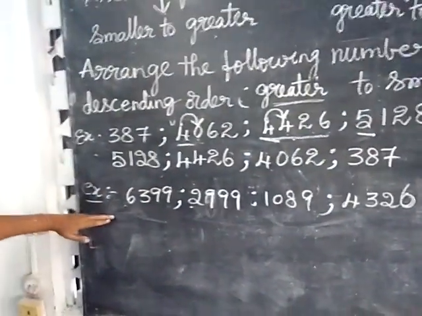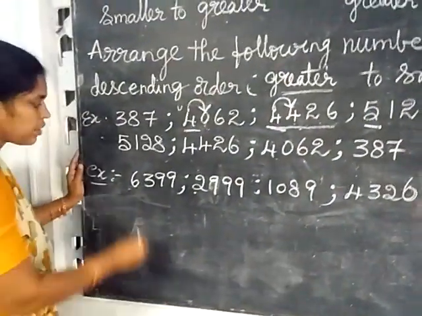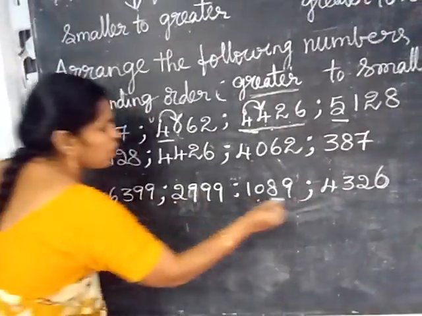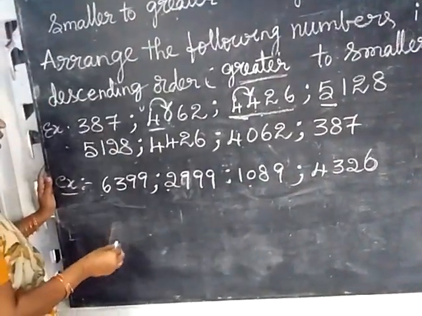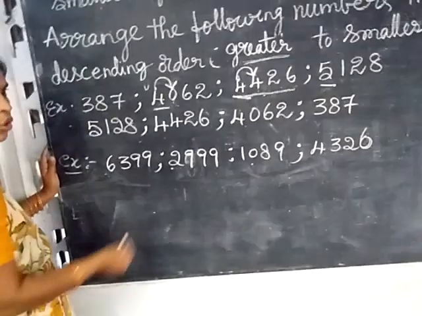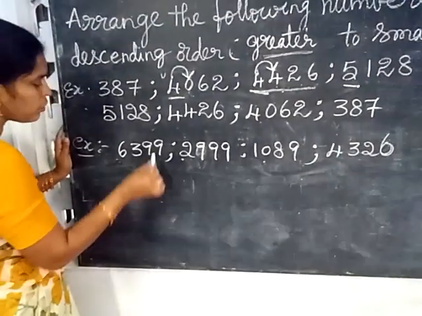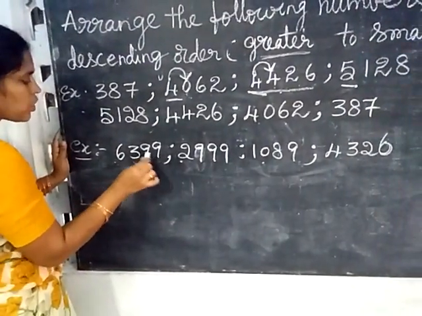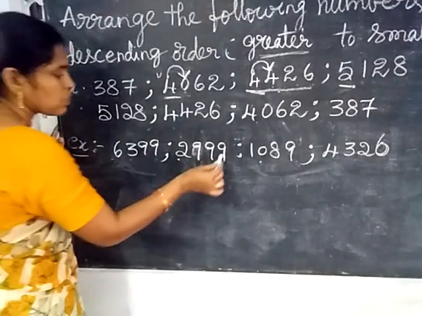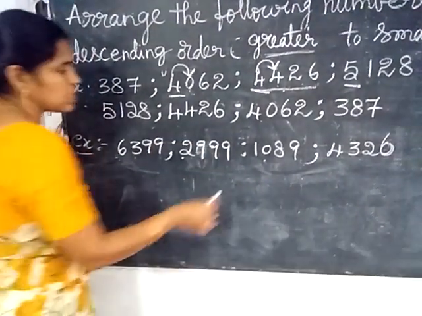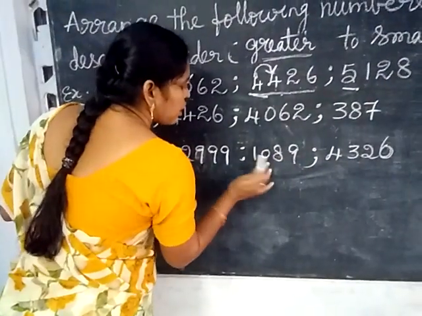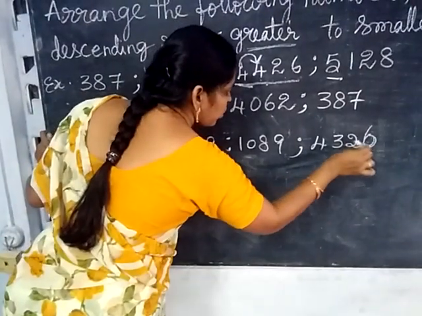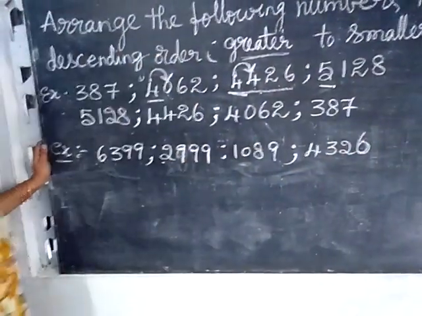Next, another example. See here, these are all 4-digit numbers. Already I counted the digits, so I told you like that. See, in the first number 1, 2, 3, 4, 4 digits. 1, 2, 3, 4, 4 digits. 1, 2, 3, 4. This is also a 4-digit number. 1, 2, 3, 4. This is also a 4-digit number.